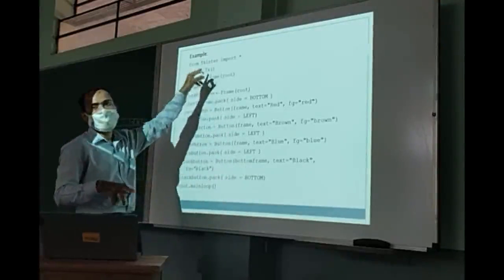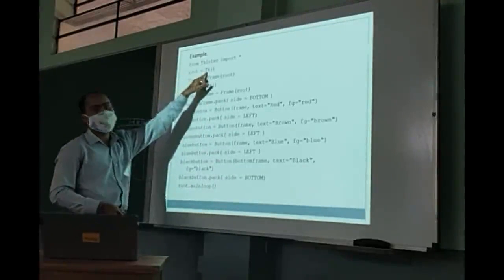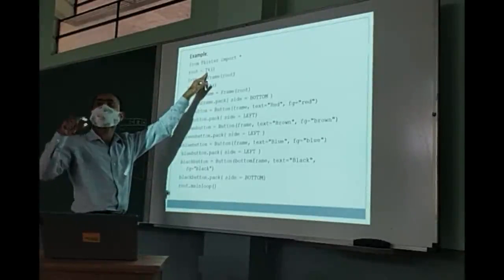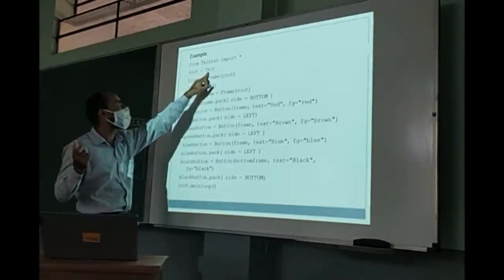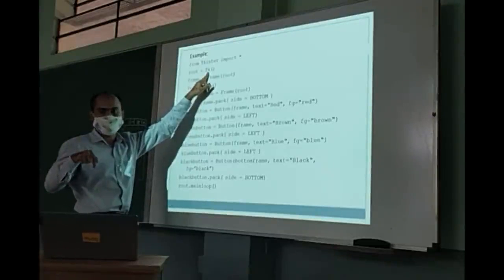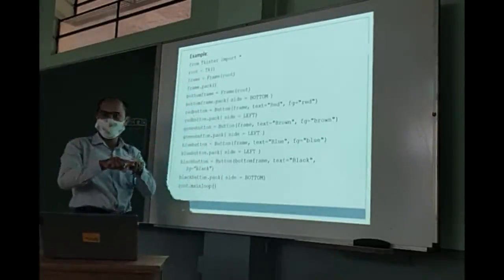If you use this form, remember this. That is the reason why we have created the top level window directly. Earlier we used to call tkinter.Tk, but now we have called it directly because it is part of our program. So root = Tk() will create a top level window.